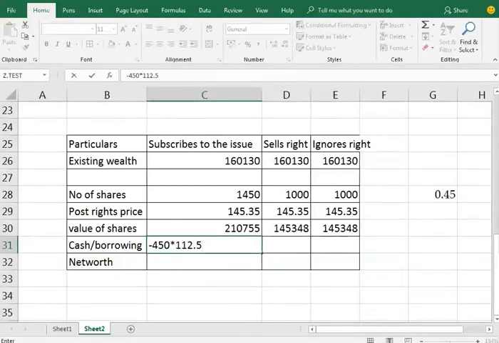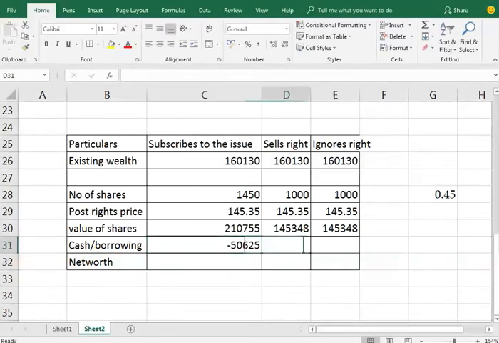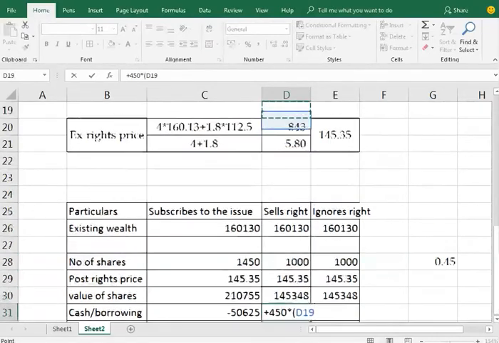In this case 450 will be sold. I'll sell this at the ex-rights price minus the rights price: 145.35 minus 112.50.